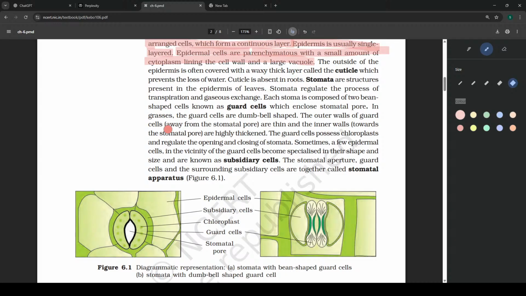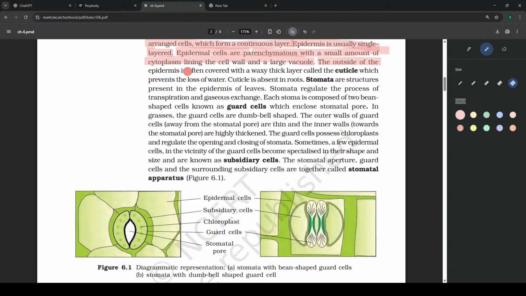Under simple non-meristematic tissues, we have parenchyma, collenchyma, and sclerenchyma, out of which parenchyma and collenchyma are living cells and sclerenchyma is dead. Here, the epidermis is made up of parenchymatous cells. They have a small amount of cytoplasm and a large vacuole.